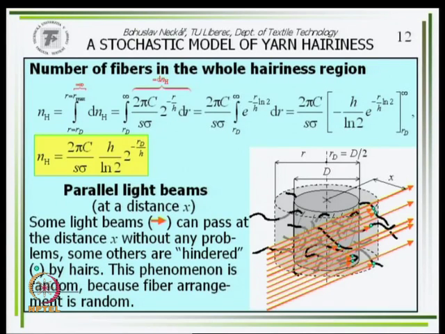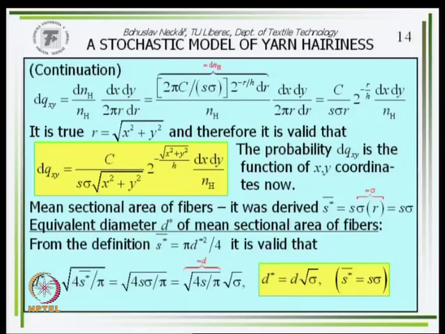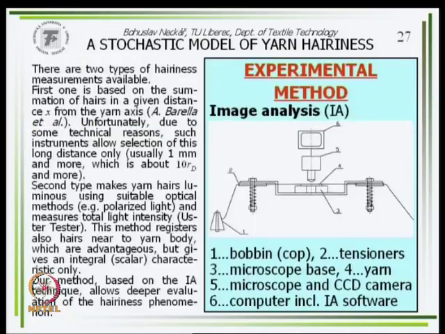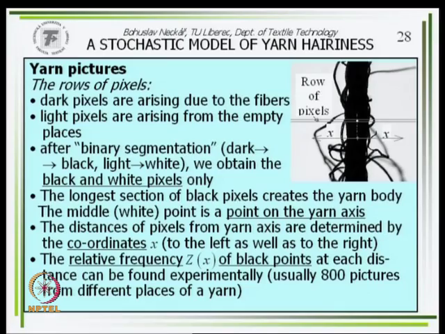Then we see some light windows among the black curves of fibers. The light windows are larger and larger with radius, and then only light, isn't it? This is the typical picture of the yarn. One picture, like this here.